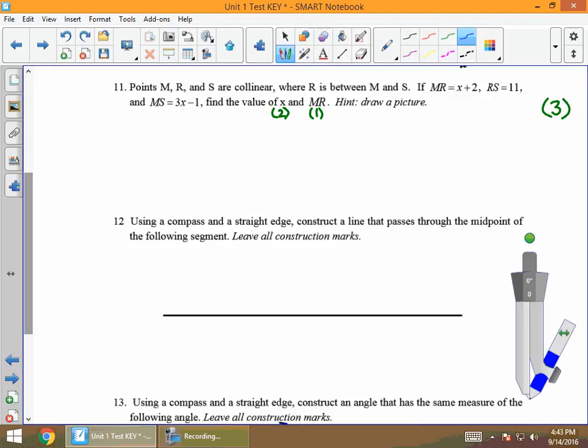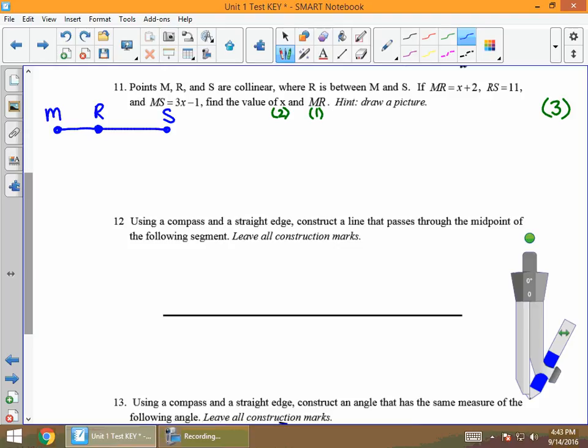So it says points M, R, and S are collinear, where R is between M and S. So I'm going to draw a picture. So M, R, S are collinear. R is between M and S. So here's M, here's S, and R is somewhere in between. I don't know where. I just know it's somewhere in between.